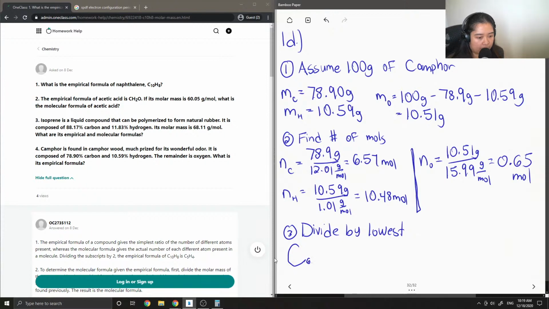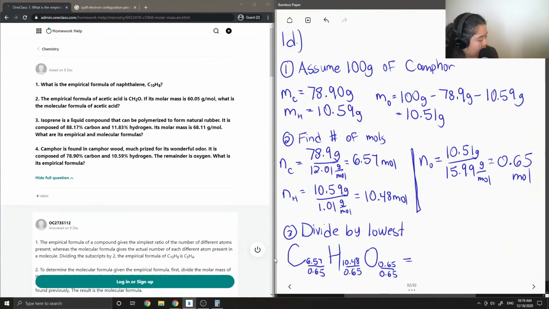So for carbon, it's going to be 6.57 divided by 0.65. For hydrogen, it's 10.48 divided by 0.65. And then for oxygen, it's just 0.65 divided by 0.65.